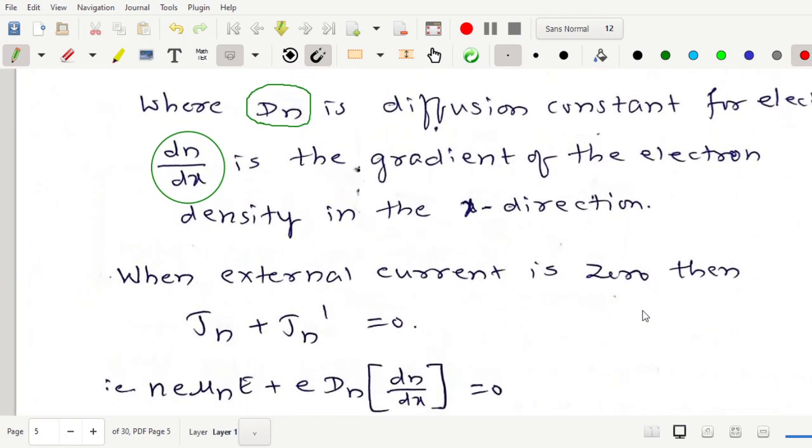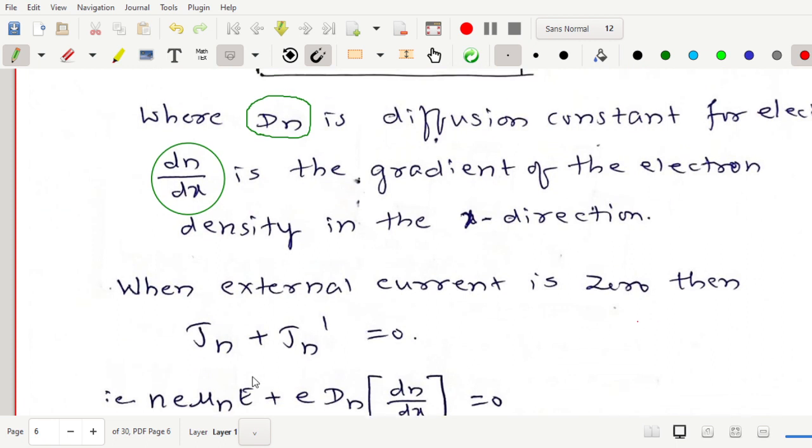So therefore, when external current is 0, then Jn plus Jn dash will be equal to 0. That is, if we add the electron drift current, which is given by Jn, and the electron diffusion current, that is Jn dash, both should be equal to 0, when external current is 0.